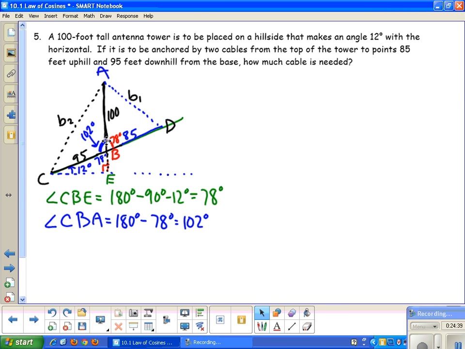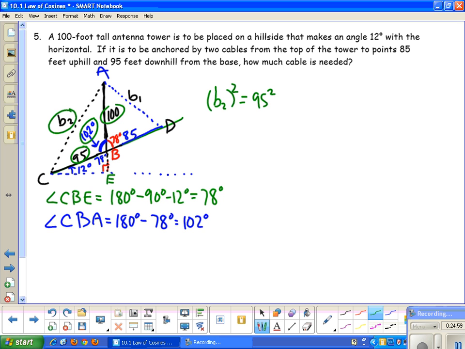So for this, because I have a side, the included angle, and the side, I can solve for b2. So b2 is equal to, and actually let's do it as b2 squared. So b2 squared would be equal to 95 squared plus 100 squared minus 2 times 95 times 100 times the cosine of 102 degrees.